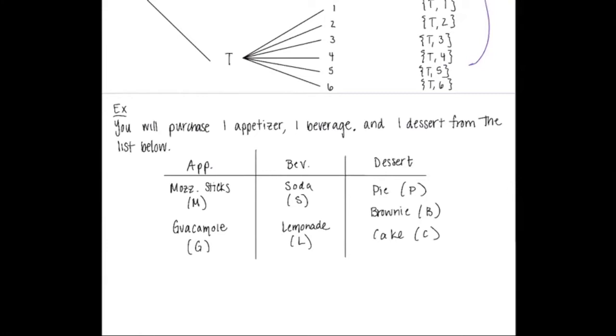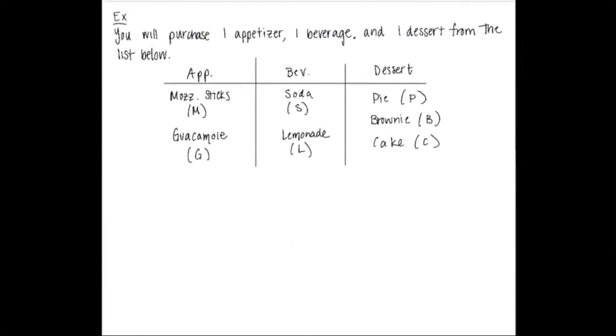So I'm gonna do a bunch of different parts to this. We want to first determine the number of sample points in the sample space. So I've got 3 events. How many possibilities in that first event?